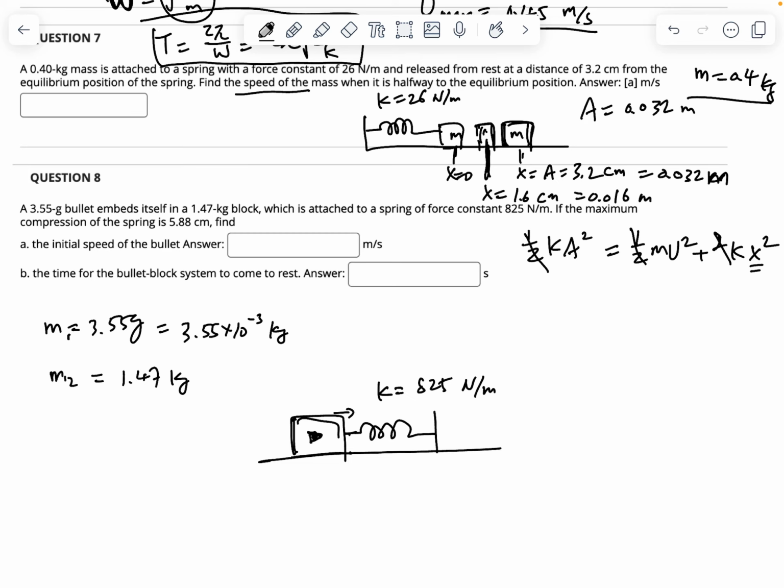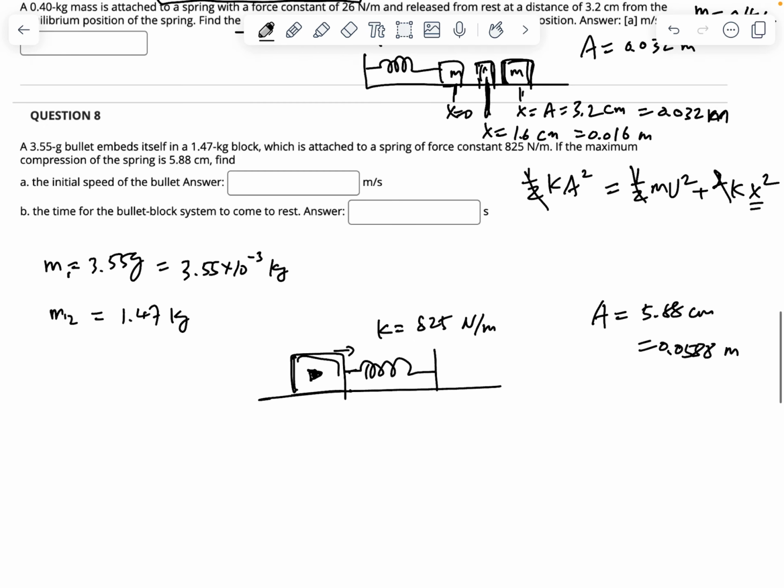The maximum compression is 5.88 centimeters, which is 0.0588 meters. Find the initial speed of the bullet.